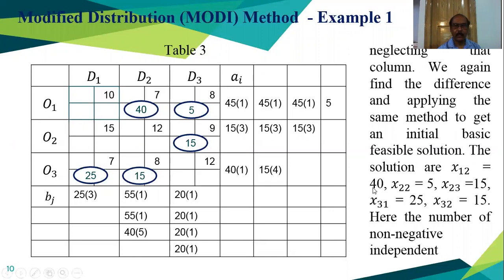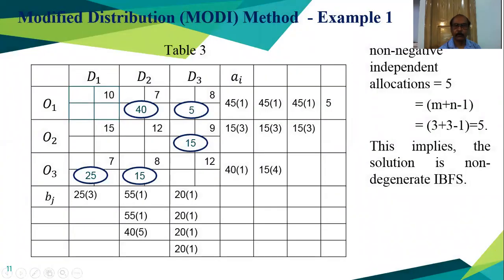These are the initial basic feasible solution, and the rest non-basic xij is equal to 0. This is the non-degenerate initial basic feasible solution.